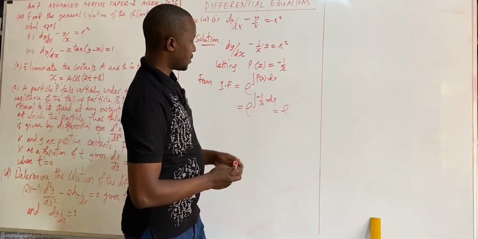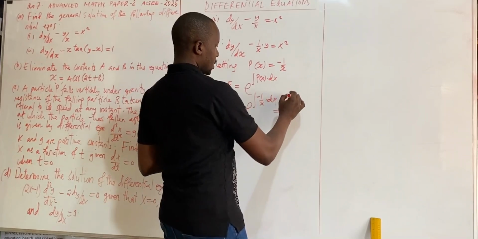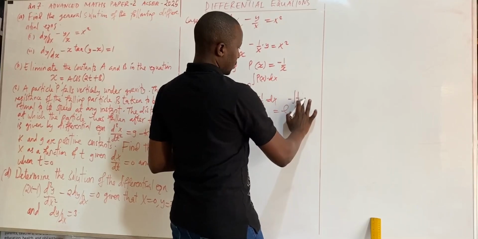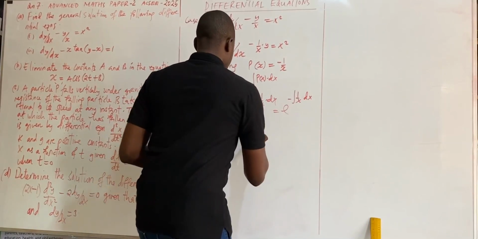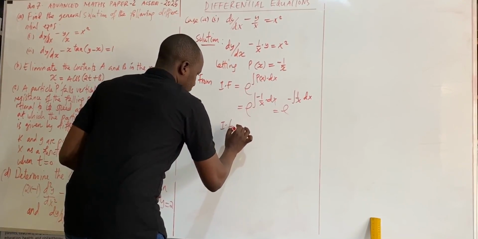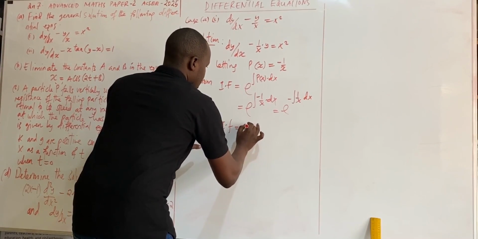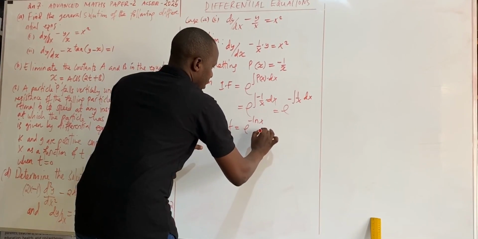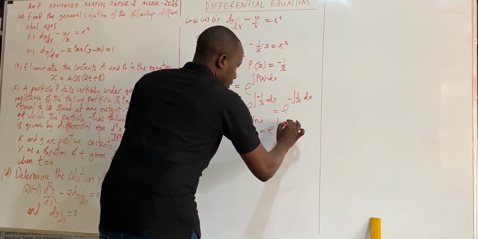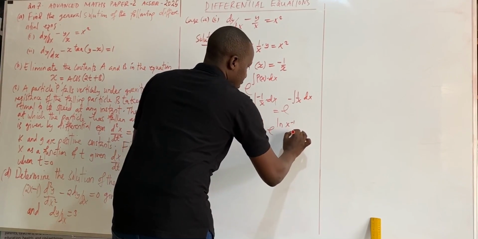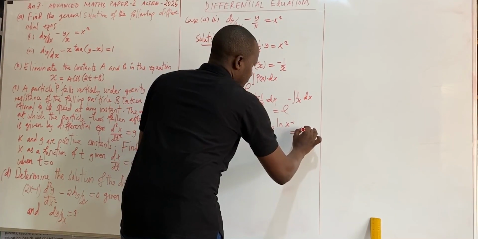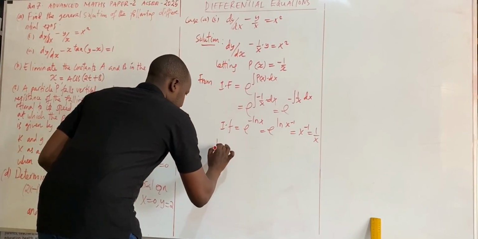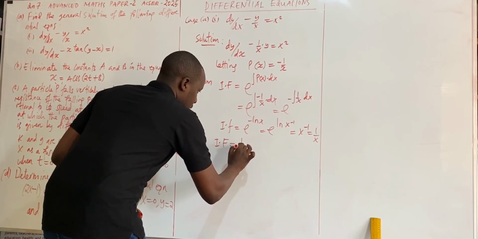When we integrate this, the negative 1 gets out, and we remain with 1 over x. So the integrating factor becomes e to the negative ln of x, which is e to the ln of x to the negative 1, the same as x to the negative 1, which is 1 over x. So the integrating factor is 1 over x.